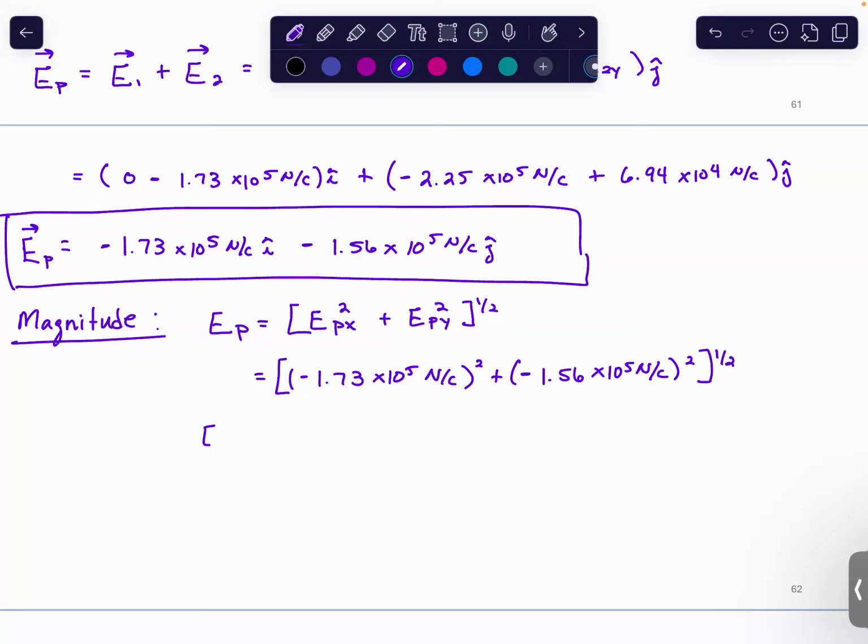This is going to give you a magnitude of 2.33 times 10 to the 5th. And I would definitely suggest practicing with your calculators because especially with high exponents, these numbers take a lot of typing. And you want to make sure that you're getting your calculator to give you the correct answer.